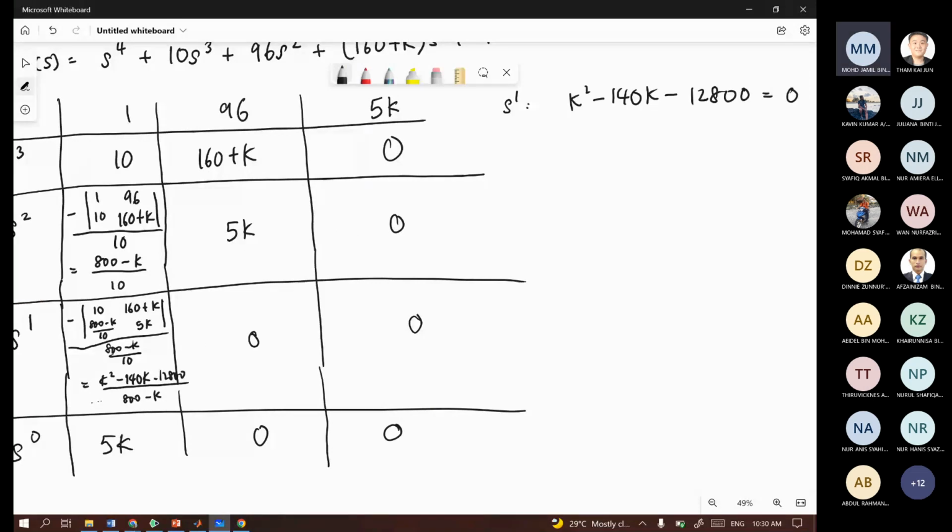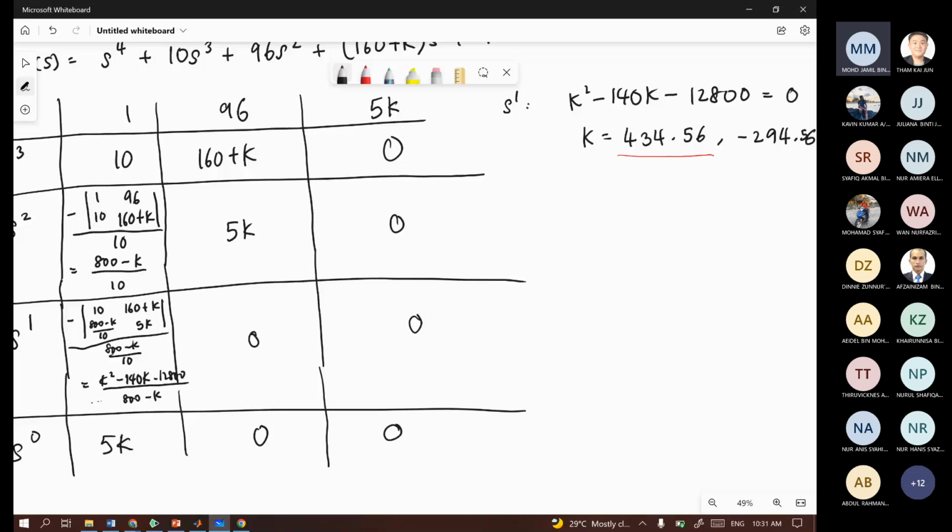So you will get two values of K. K equals 434.56 and negative 294.56. Because we get two values, only one is the K for the j omega axis crossing. So we take the positive value.